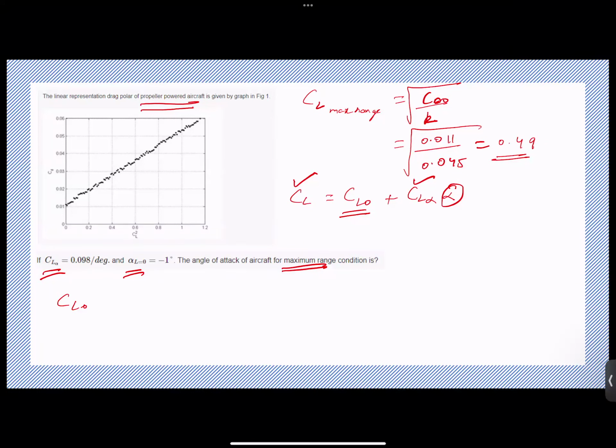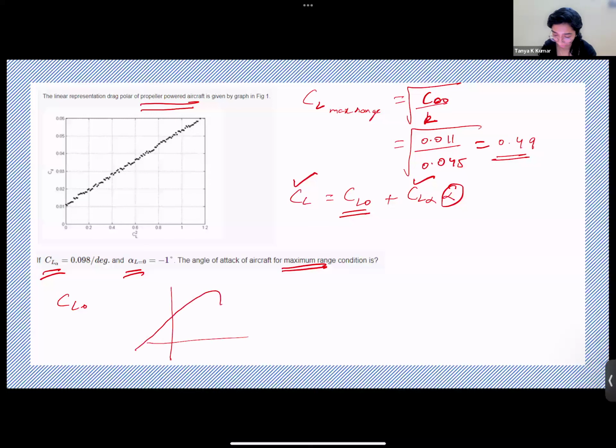Yes, tell me. The 0 lift angle of attack is minus 1. So you have your lift curve slope like this, and you need to find CL naught. This is -1, and you have CL alpha. So CL naught is nothing but CL alpha, which is 0.098, into 1.